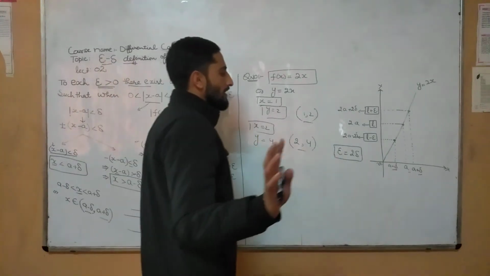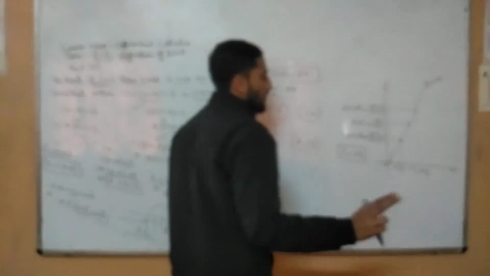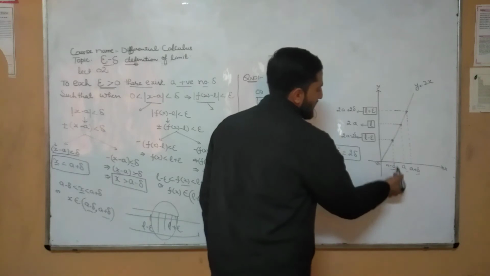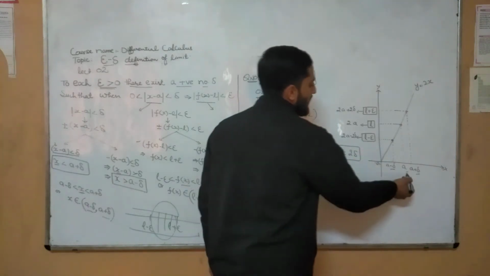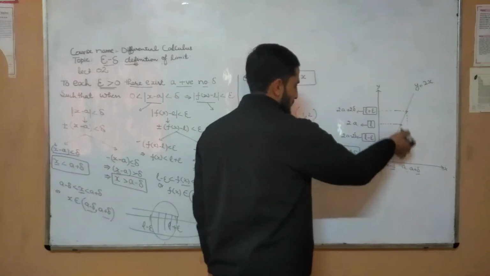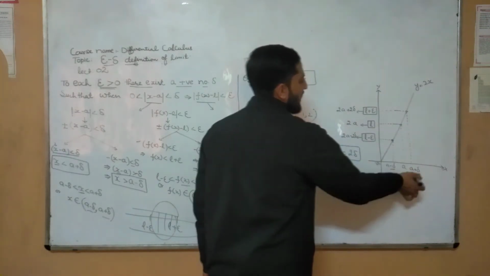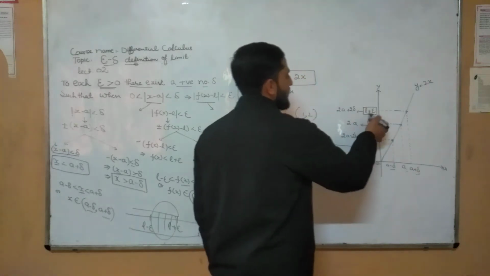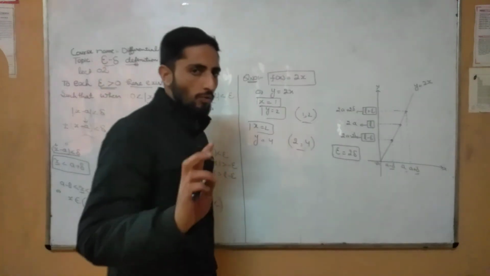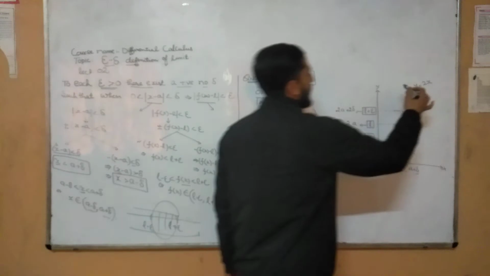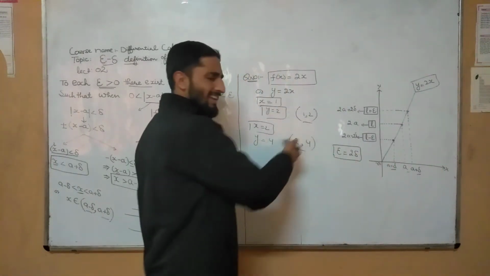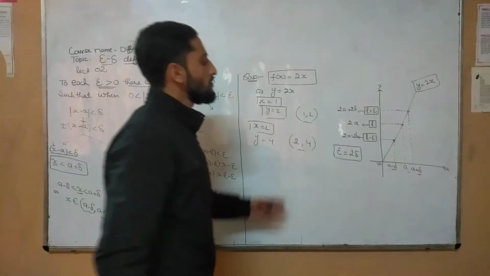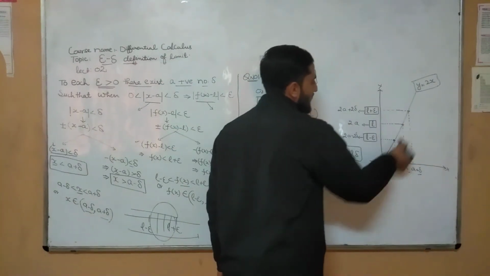In general, last time we discussed a minus delta corresponding to L minus epsilon, where the limit is L. What is the value at a? L. And what is the value at a plus delta? L plus epsilon. Now in this function y is equal to 2x, first of all we take two or three values and draw this line in this form.